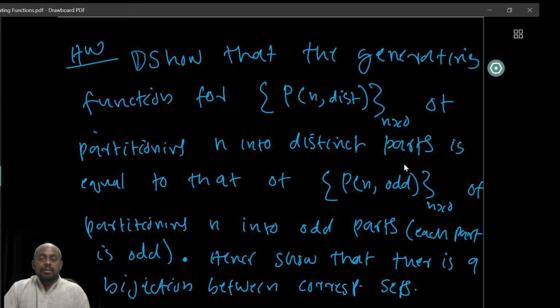And then show that there is a bijection between the corresponding sets. Because if you show the generating functions are the same, then of course there is a bijection between the corresponding sets. So you find the generating function for both of these and show that they are identical.